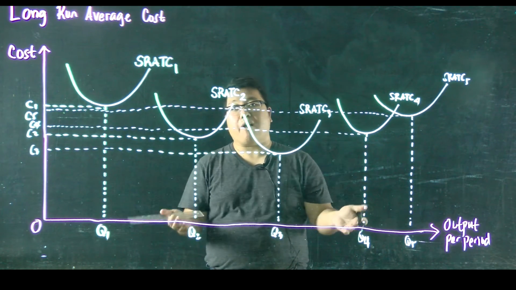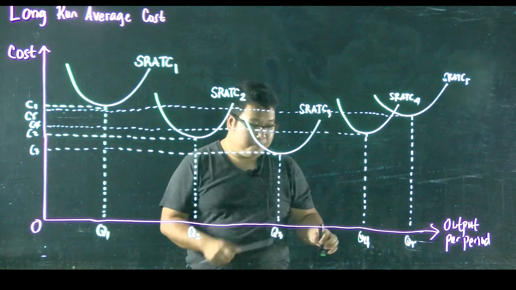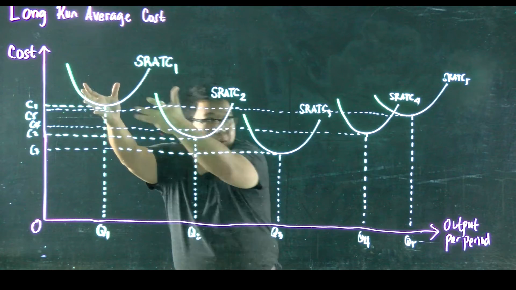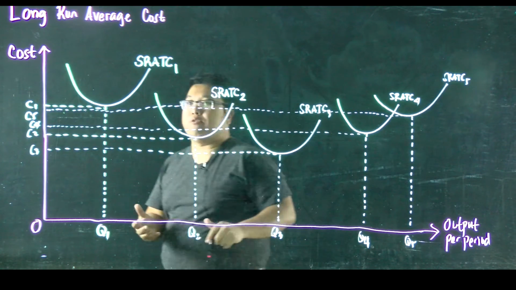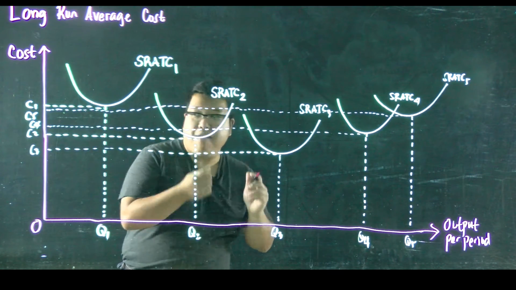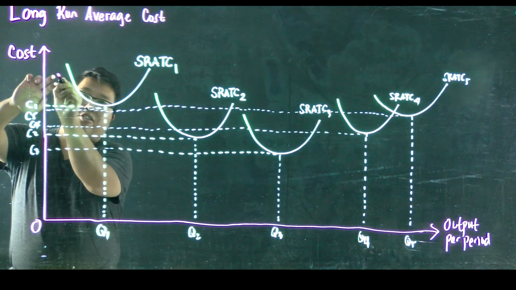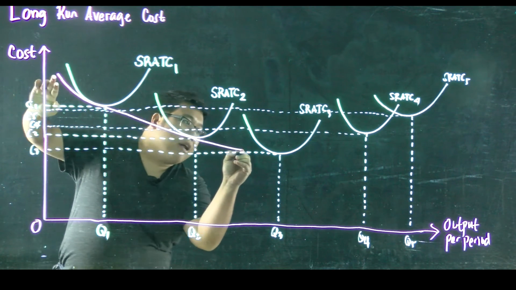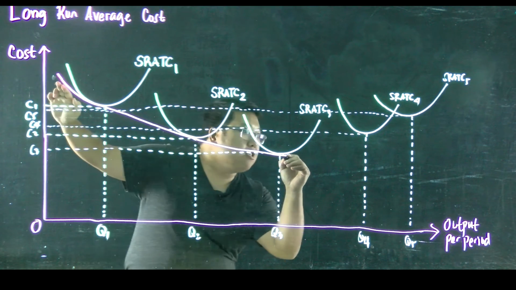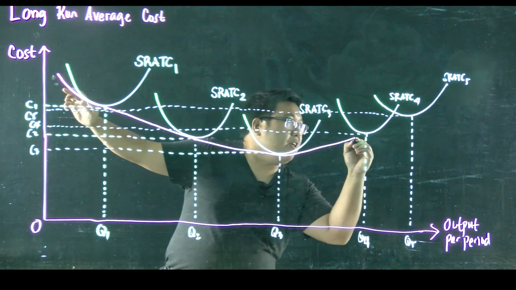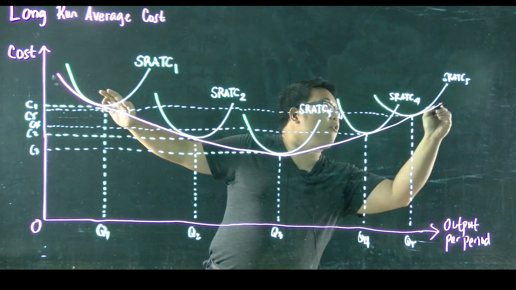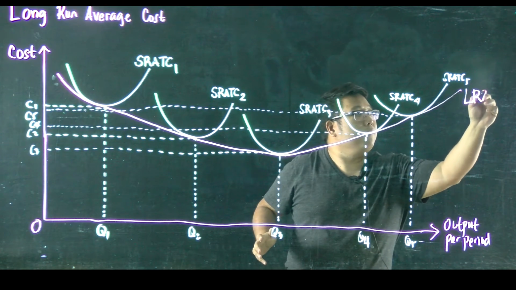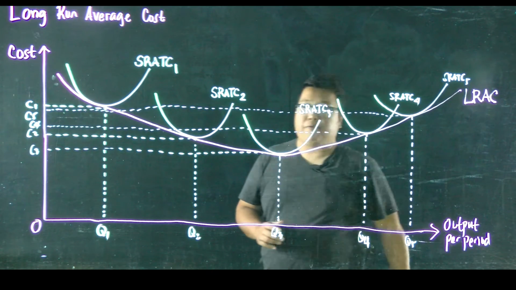Where is the long-run average cost in this graph? Well, the long-run average cost curve is an envelope of all of these short-run average total cost curves. What do we mean by envelope? It's going to be like this. If we connect all of these low points for each of these SRATC curves, then we will have what we call the long-run average cost curve.